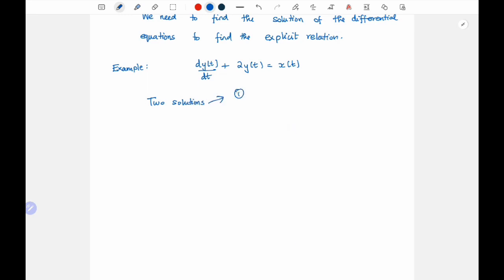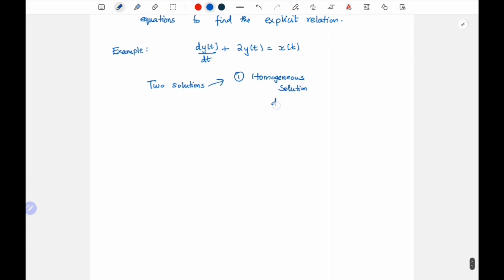So one is the homogeneous solution. So this is nothing but when input is 0. So dy of t by dt plus 2y of t equal to 0. So this will give the homogeneous solution. And let's say it's represented by yh of t. And this is also called the natural response of the system.